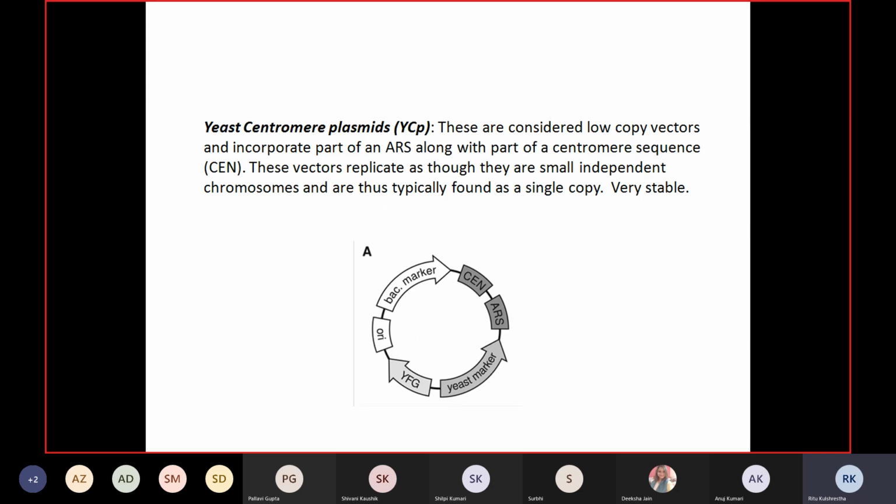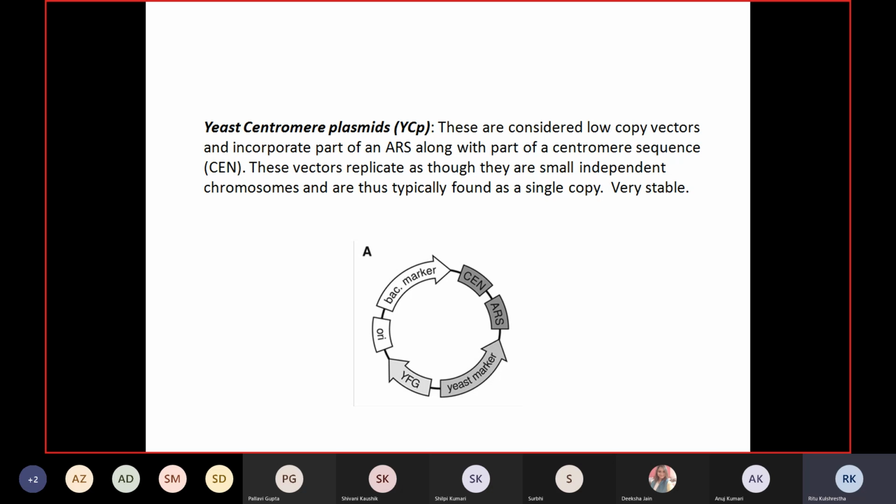Now, like in bacteria, I introduced you to the strains which are commonly used for cloning purposes, and in fact, there was a very detailed class on the various strains and what changes have been made in bacterial strains to make them very good host strains for expression purposes.